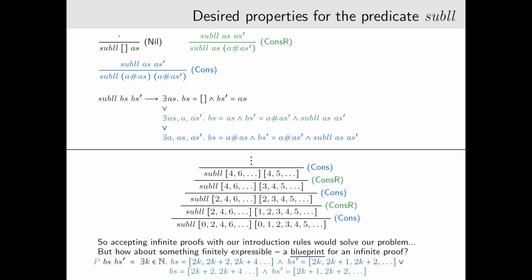So, besides the pattern on the application of the rules, as I mentioned, we have the pattern on the content. So we have some relation P. We look at the relation P that exists between these items along the application of the rules. And we really have two states that we can be, right? So there exists some number k such that the left-hand side is 2k, 2k plus 2, 2k plus 4, and so on.